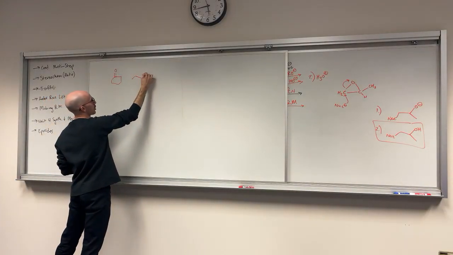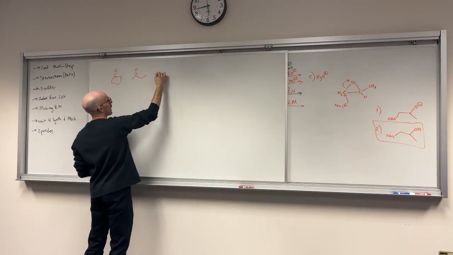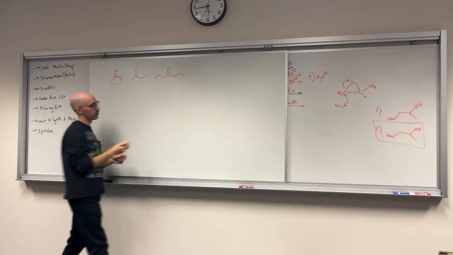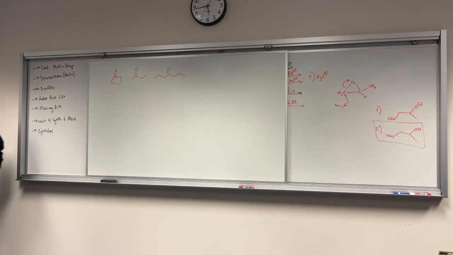Which of these structures reacts with methyl Grignard to create a chiral alcohol? To make a chiral alcohol. Okay?